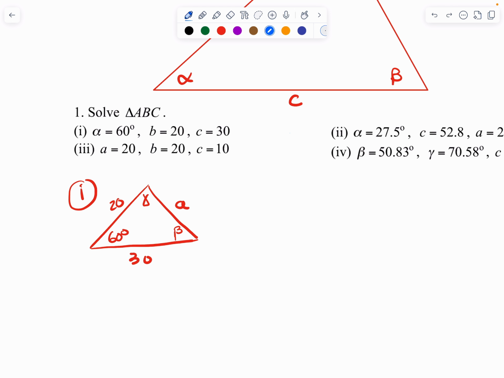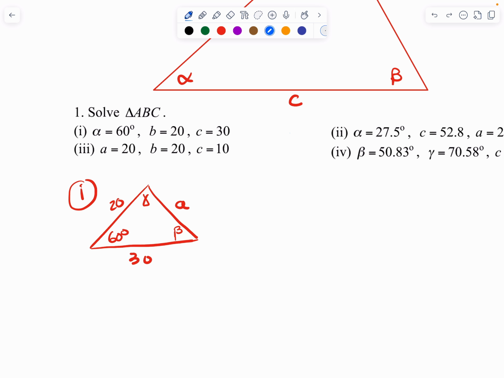In this first problem, I've drawn my triangle, and I'm going to use the law of cosines. You're probably going to wonder, how are we going to know? Do we need to use the law of sines or the law of cosines? Well, the first thing you try is the law of sines because it's easier.